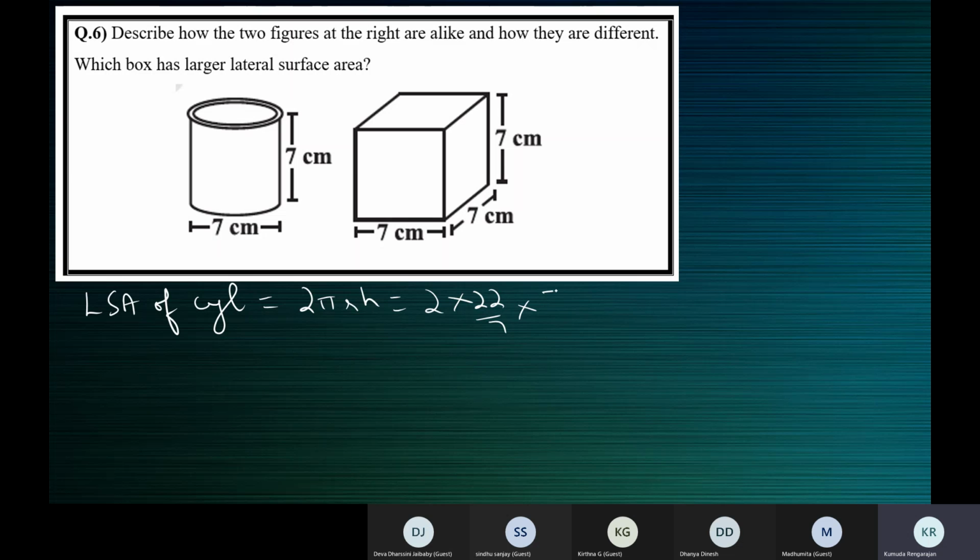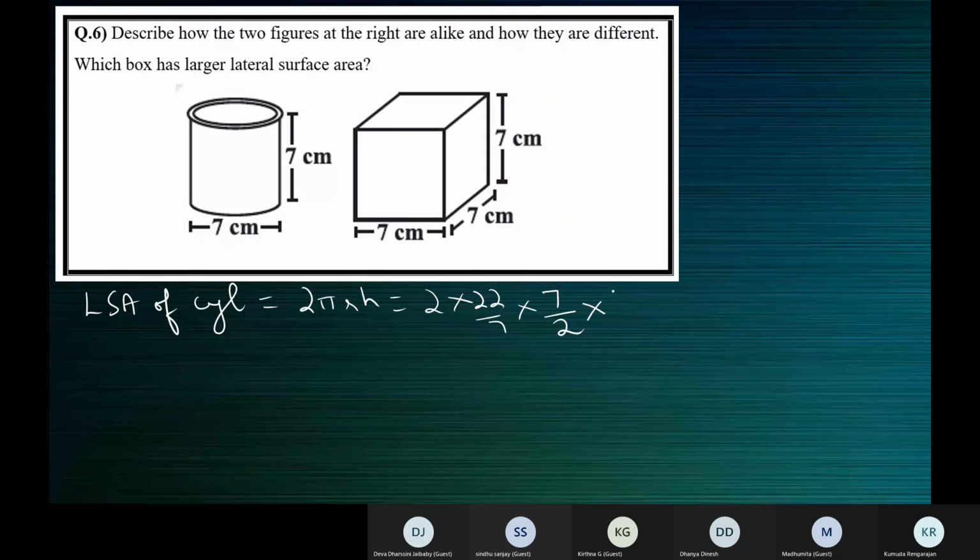Yes, 7 is the diameter of the circle. Radius is half of the diameter, 7 by 2, into the height of the cylinder. 7 centimeter.